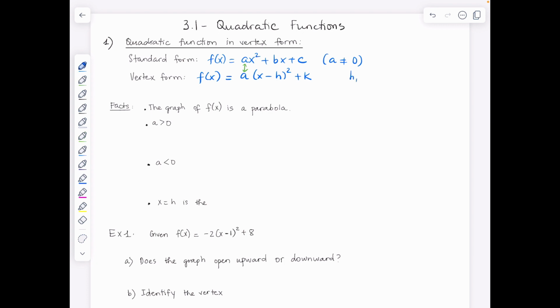Now, h, k are constants. Together, they form the vertex. So if you write an ordered pair with h being the x coordinate and k being the y coordinate, then (h, k) is the vertex point of the parabola.